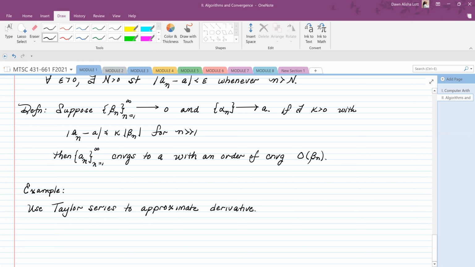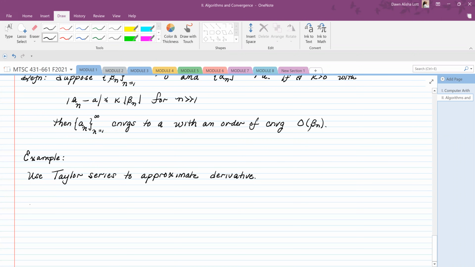Okay. So we have f of x plus h is equal to f of x plus f prime of x times h plus f double prime of x times h squared over 2 factorial plus dot dot dot.